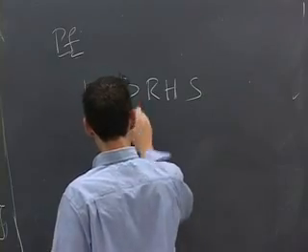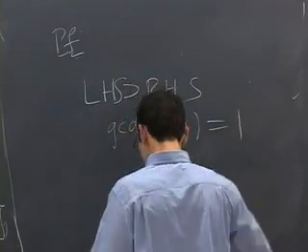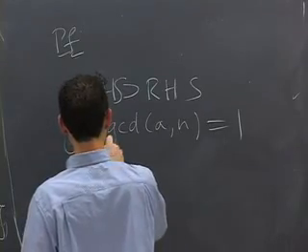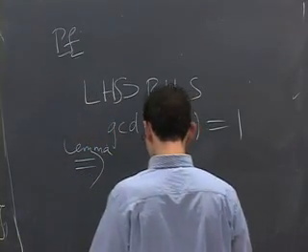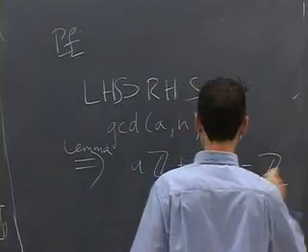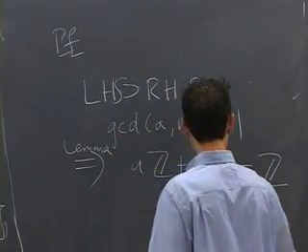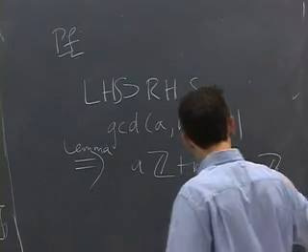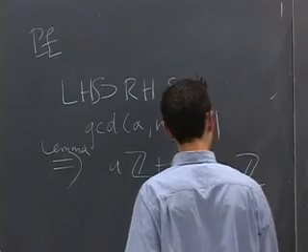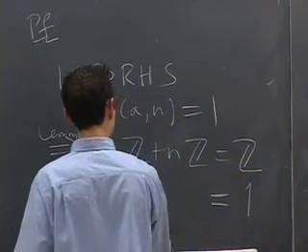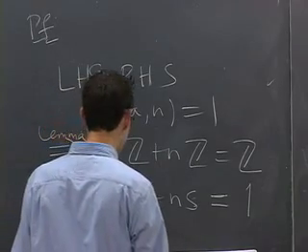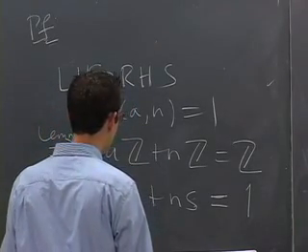Well, if I have gcd(a,n) equals 1, then the lemma implies that aZ plus nZ equals Z. Or put another way, something that follows immediately, because 1 is in here, I can write 1 as ar plus ns for some r and s.